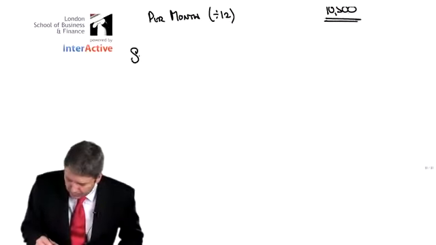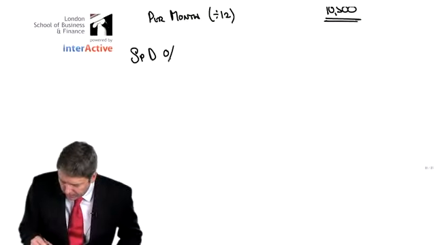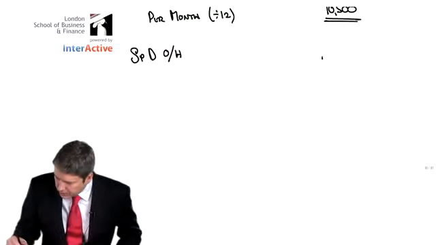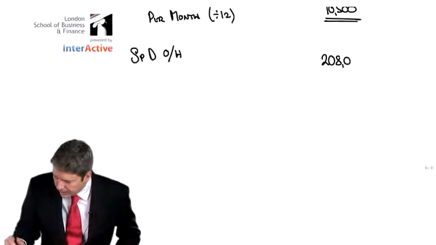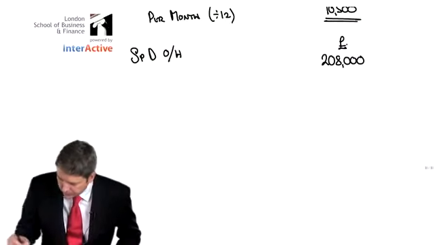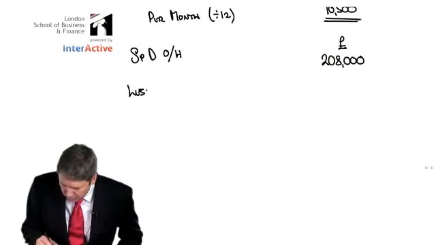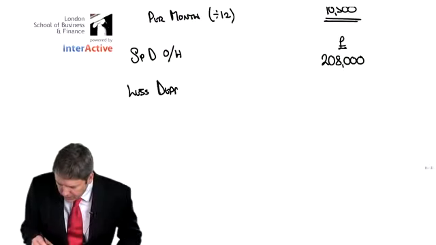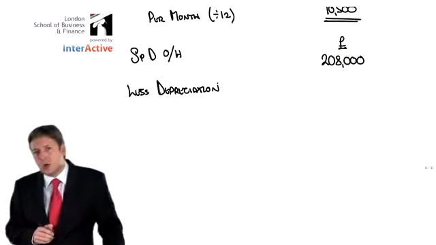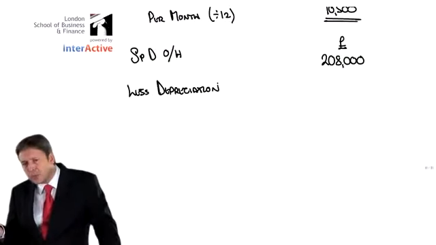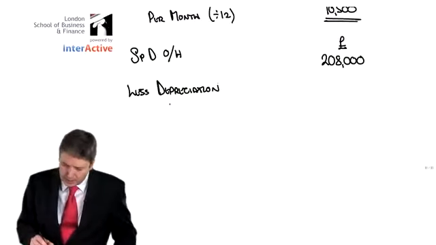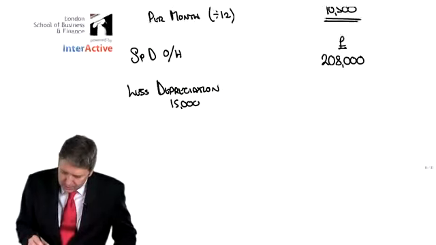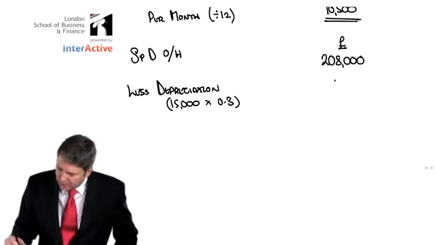So what have we got? We've got selling and distribution overhead, and we know that the total is 208,000. From this, we want to offset depreciation. We are told depreciation is 30% on a reducing balance. We had 15,000 multiplied by 0.3. What's that? 4,500?